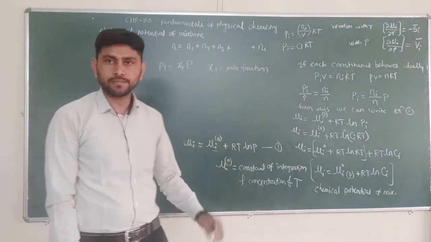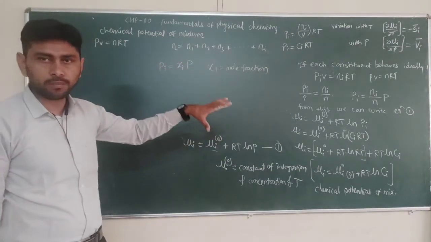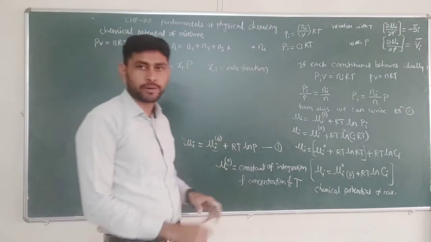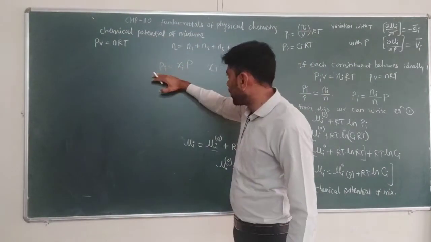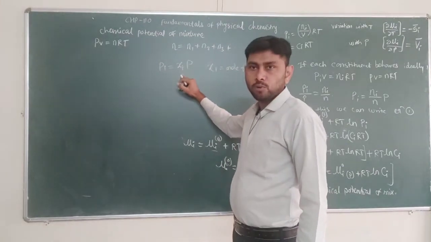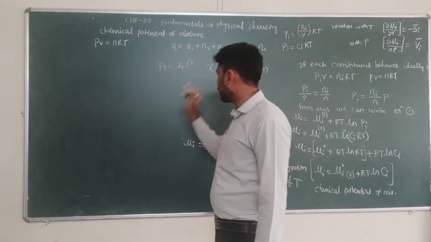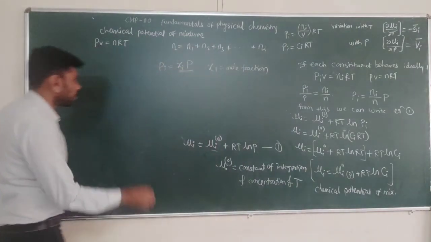Pi is the partial pressure of that particular component, Xi is the mole fraction of that component, and P is the total pressure. Partial pressure can be obtained by multiplying the mole fraction by the total pressure. So we can replace this term in equation number 1.